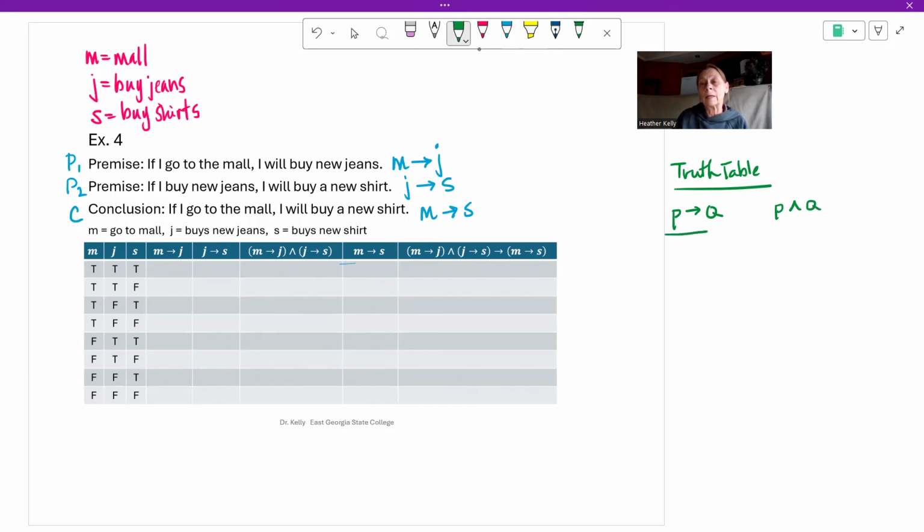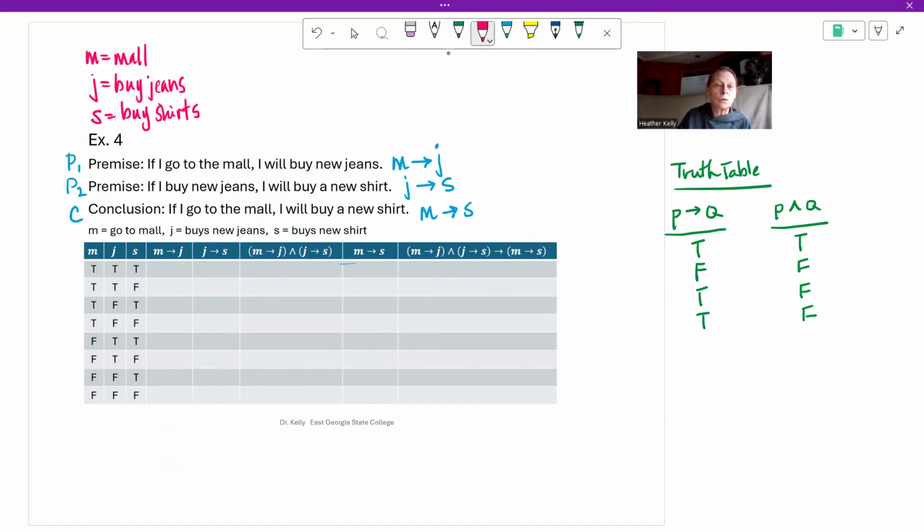And I, again, am only giving the final column of those because I don't want to write them all up. This is true, false, false, false for the and, and this is true, false, true, true for the conditional. Now let's just get started here.